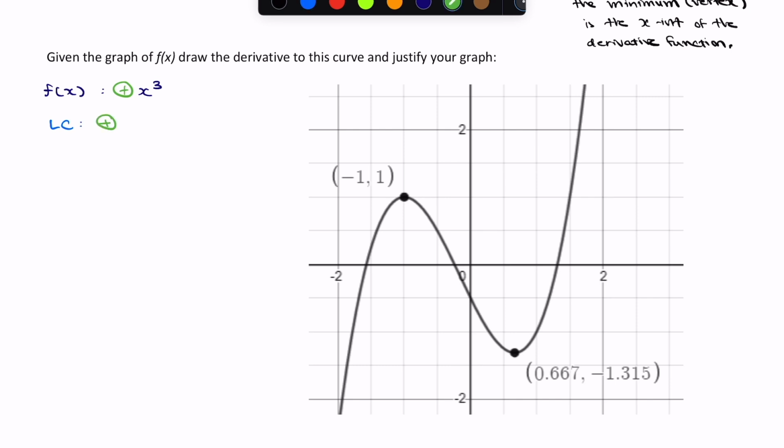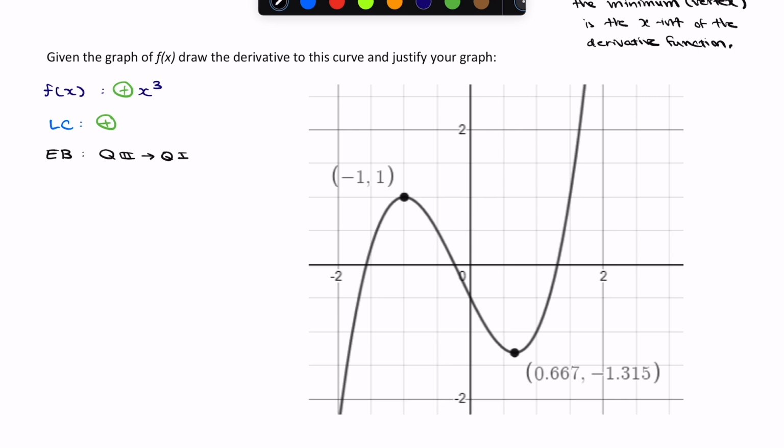In our end behavior, it starts in quadrant 3 and moves to quadrant 1 at the end. So our end behavior is quadrant 3 to quadrant 1.